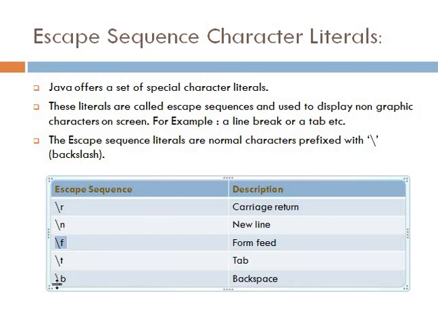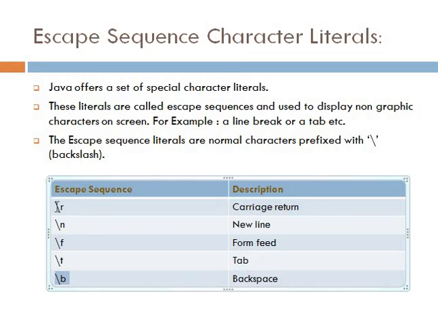Then at the end, the last escape sequence is \b. It stands for backspace. If you look at your computer keyboard, you can easily find the key called backspace. And this backspace is used to remove spaces from behind.